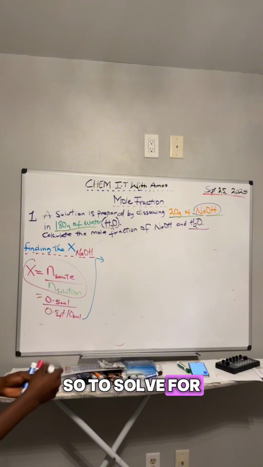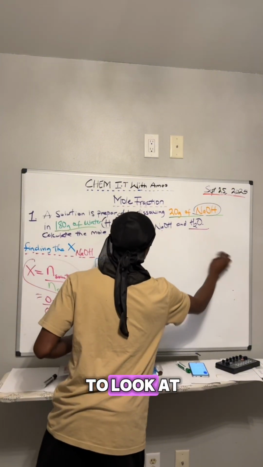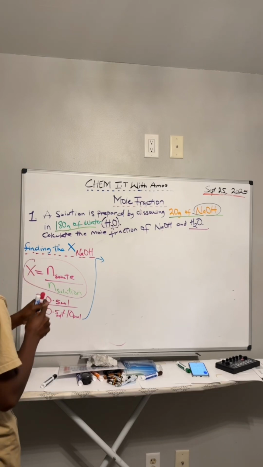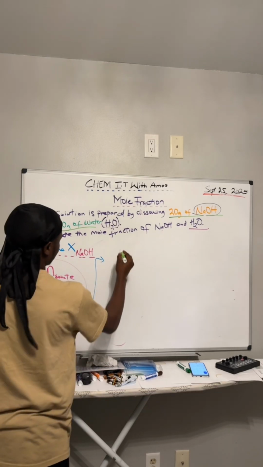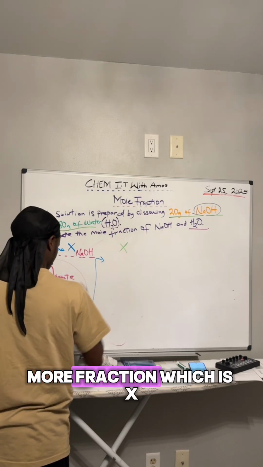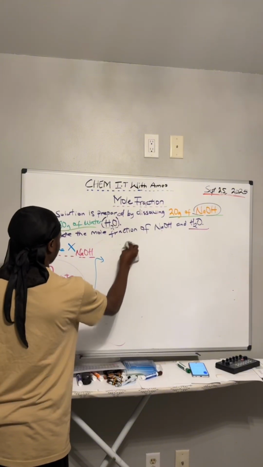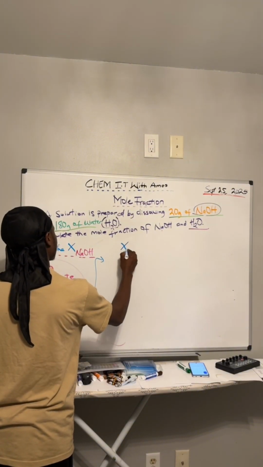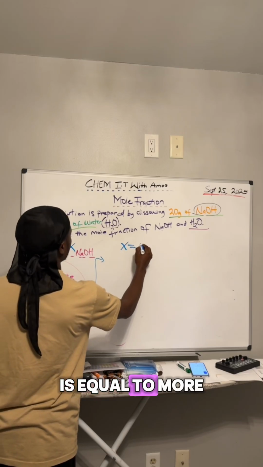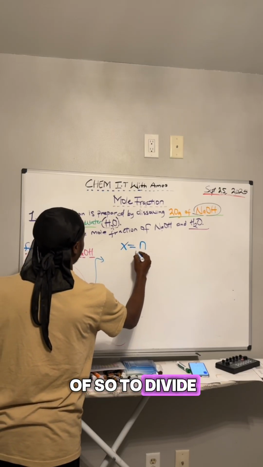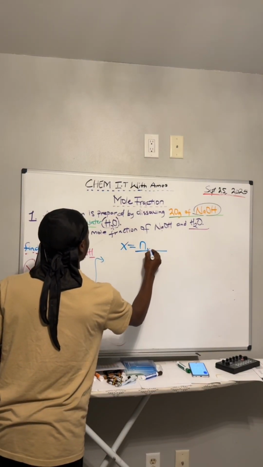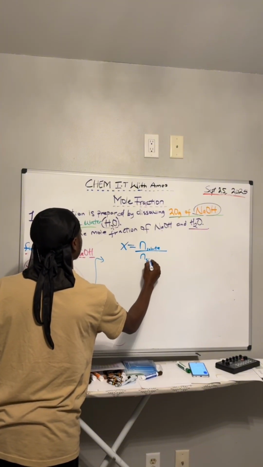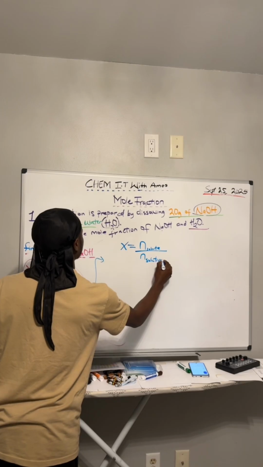To solve for this, we firstly have to look at the formula for mole fraction, which is X. X is equal to mole of solute divided by mole of solution.